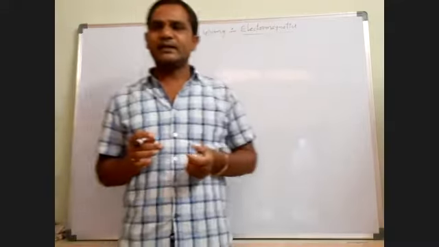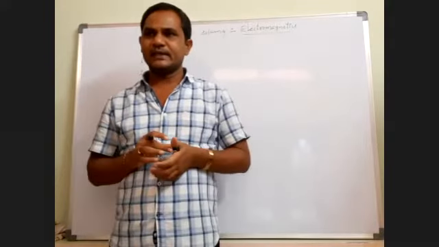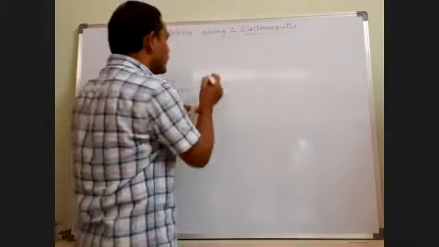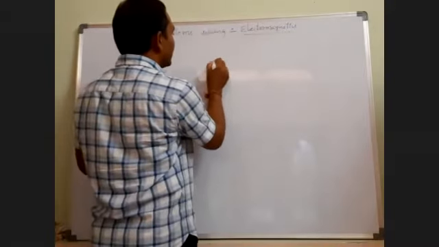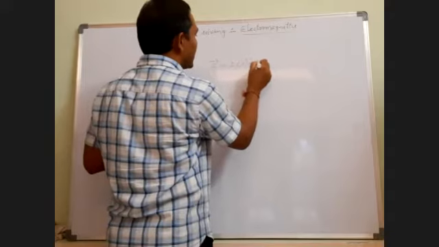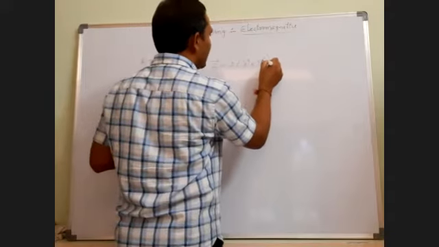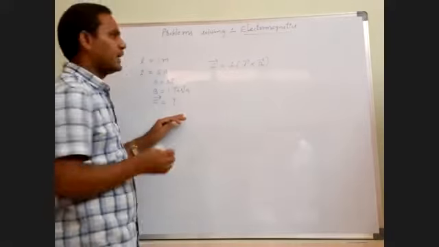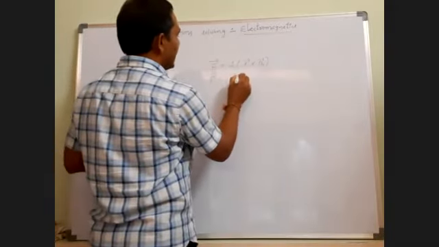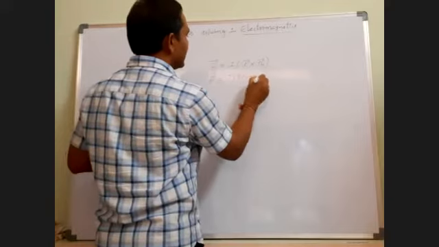When the current carrying conductor is placed in the uniform magnetic field, the force acting on the conductor is F bar equal to I into L bar cross B bar. If you take the magnitude, F is equal to I L B sine theta.